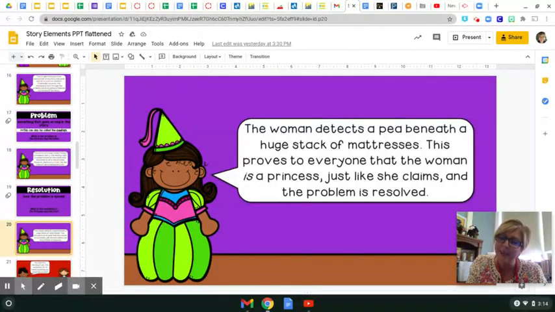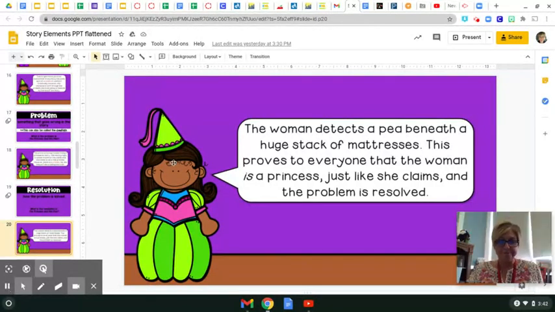pause this video again and see if you can figure out what that might be. If you were thinking about the resolution in this story, Alexander Who Used to Be Rich, think about what happened at the end. What we know is that Alexander's problem was that he couldn't save his money. He wanted to spend it.